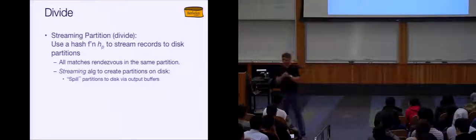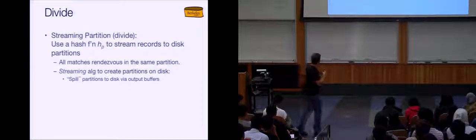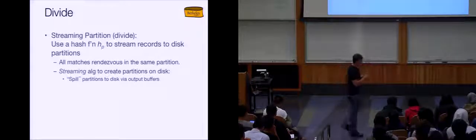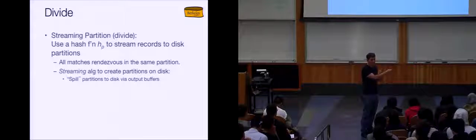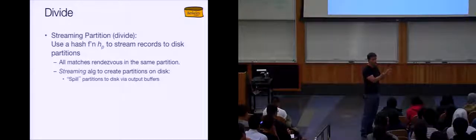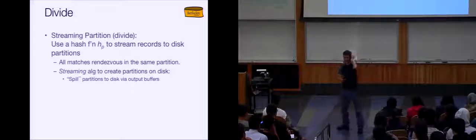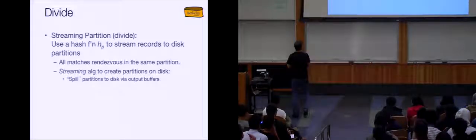It's going to be modulo some not that big number, right? And all the things where HP modulo that number matches are going to go into a set in a partition on disk. That's going to be not ordered, not hashed, not anything. It's just all the things where HP equals, say, 2 will be stored together. It's a very coarse-grained hash function. All right? And we're going to use a streaming algorithm.